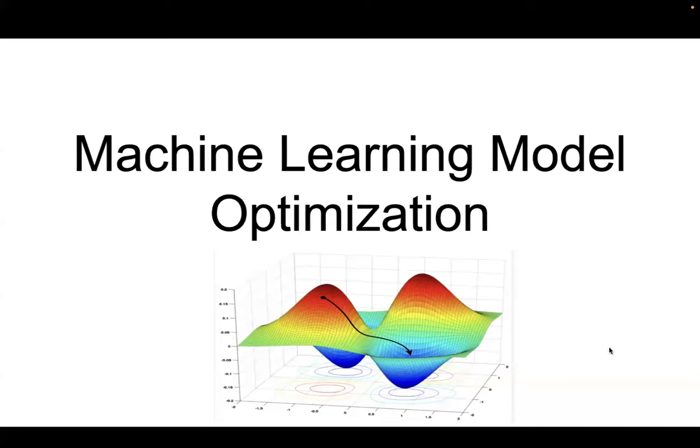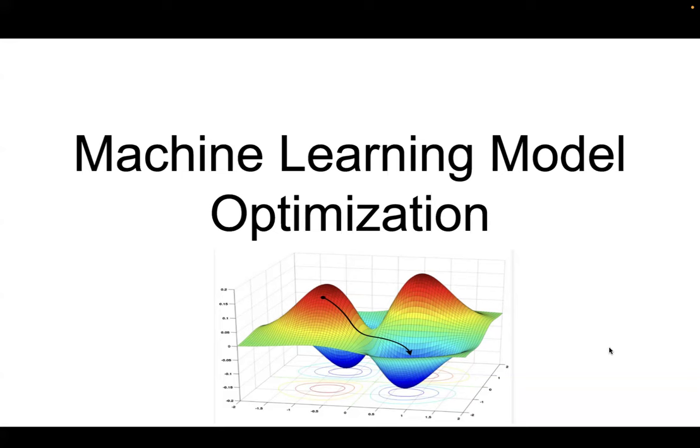Hello everyone. Welcome back. Today, our topic of discussion is machine learning model optimization. Now, if you're familiar with machine learning or if you have heard the term, you know what the term model means or what a model does. It is the heart of your machine learning code or program.